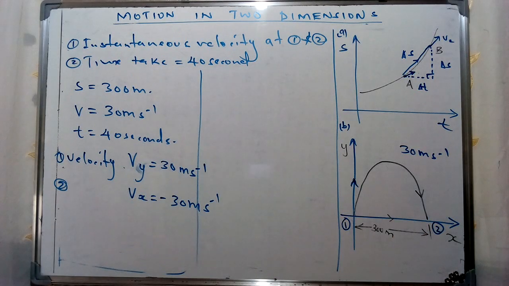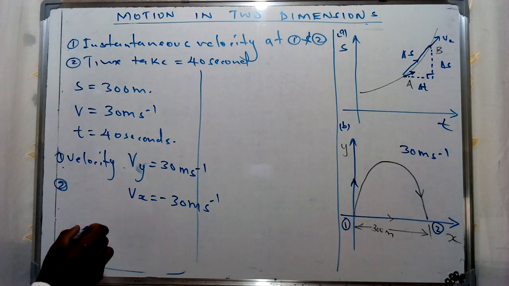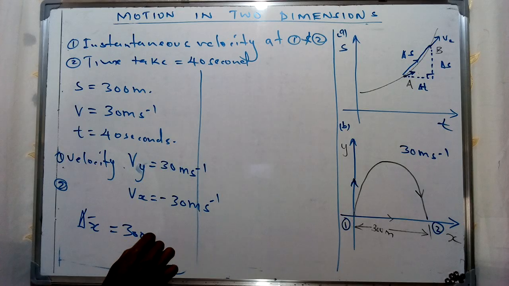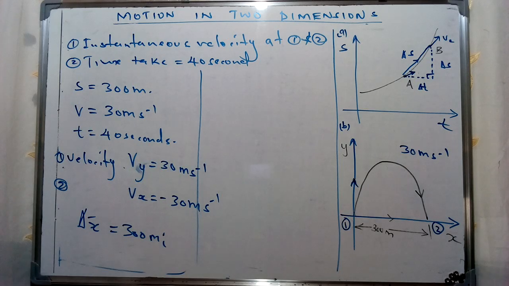This is a displacement entirely along the x-axis, given as 300 meters in the i direction. And we have been told that the time taken, delta t, is equivalent to 40 seconds.